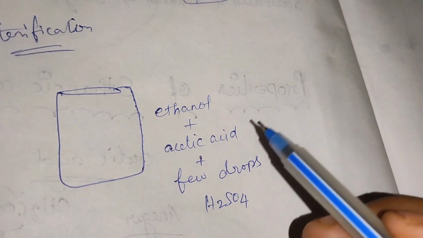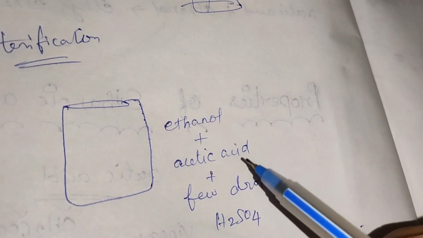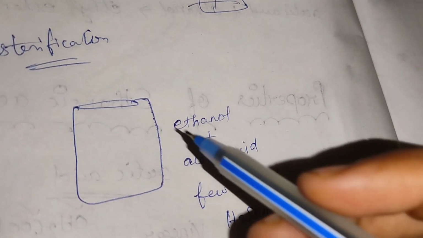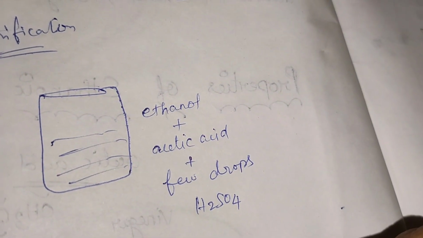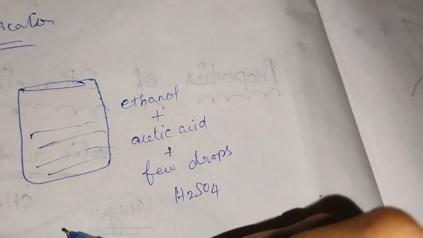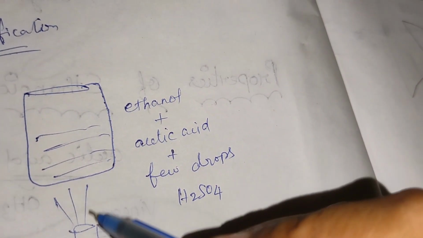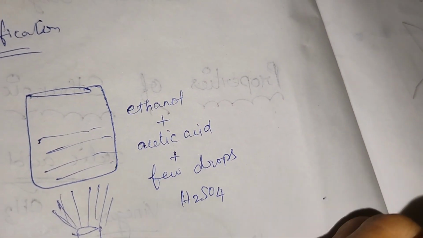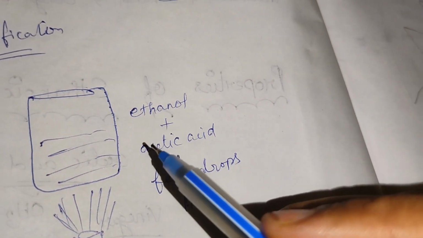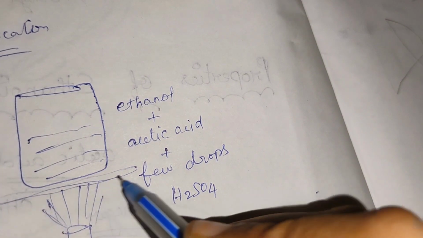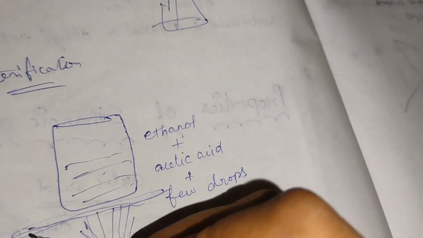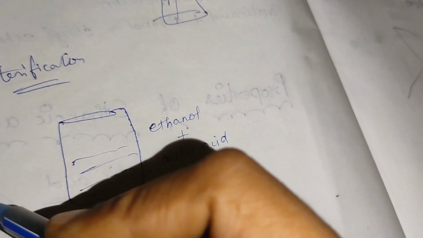These three things I am taking in a beaker. Afterwards, I switch on the gas stove, and this is an exothermic reaction, so we have to do this reaction very carefully. I am keeping wire gauze under the beaker. Exothermic reaction means heat comes out.